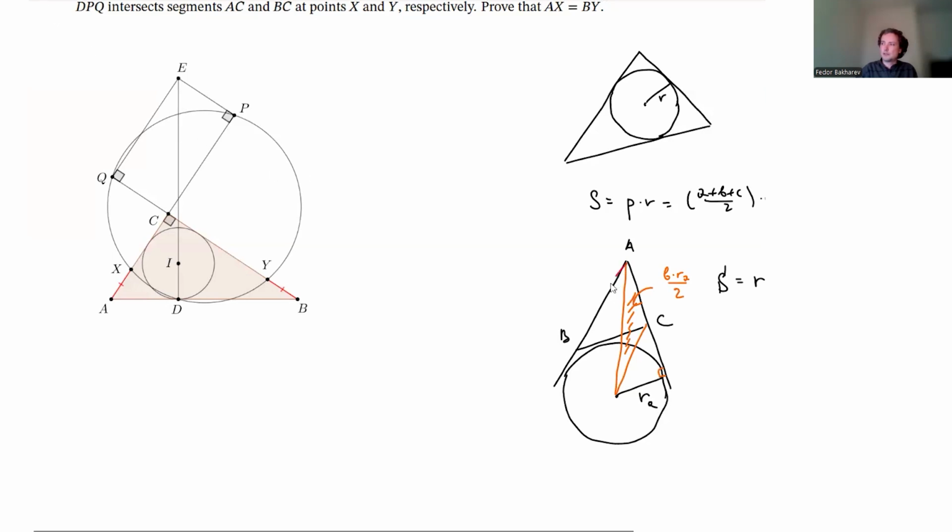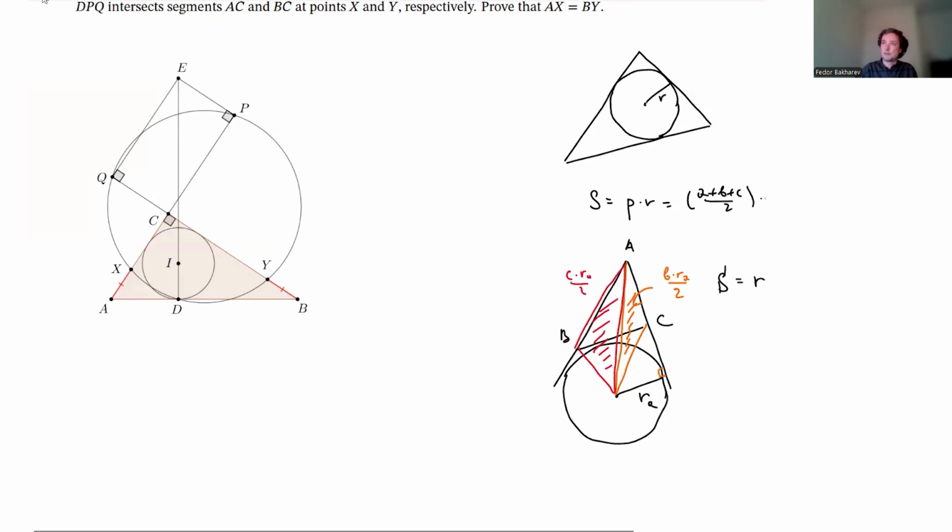This triangle also has altitude equal to r_a and the base equal to c, so this area is equal to c times r_a over 2.